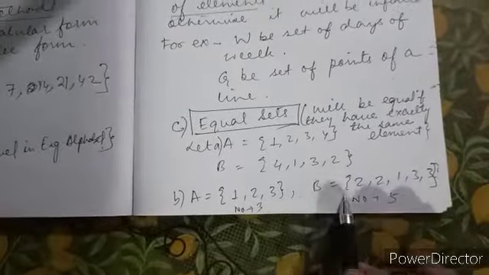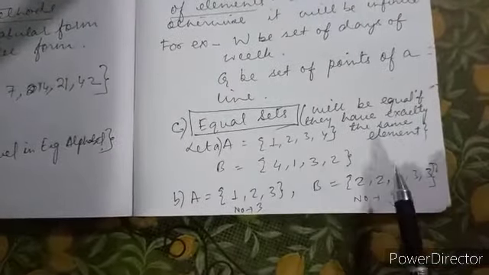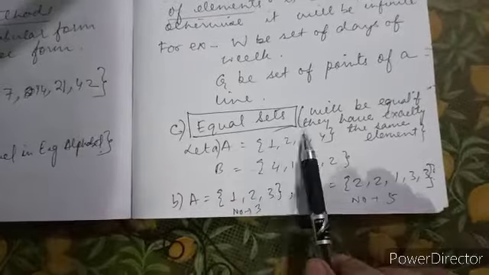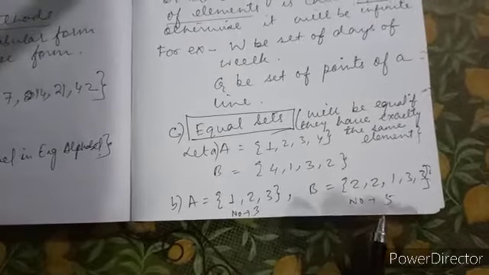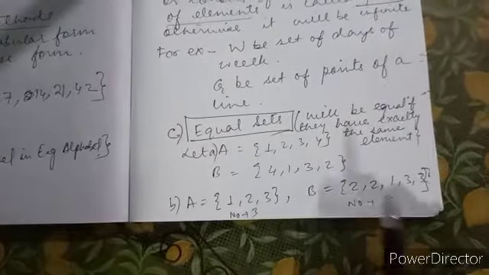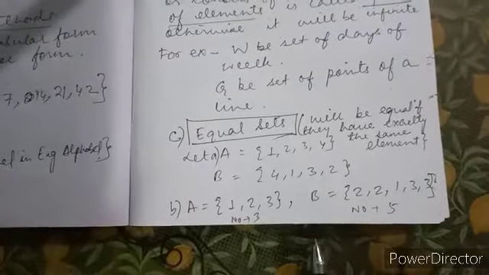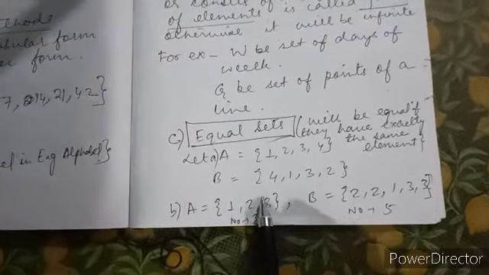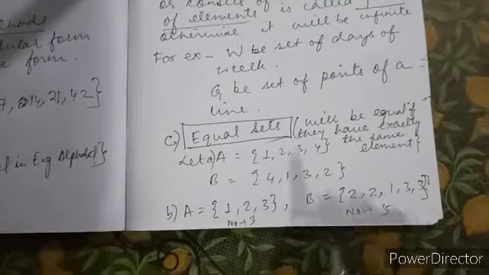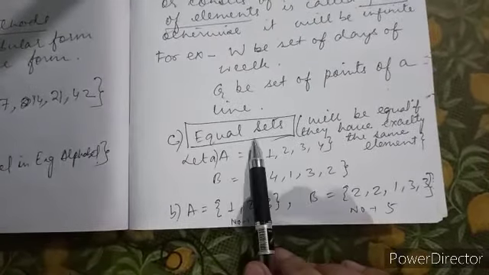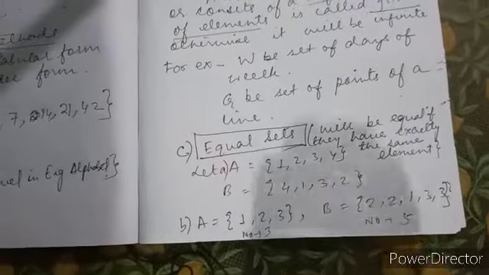So this type of set also falls under what? Equal sets. So in equal sets, you do not have to focus on how many elements are present inside the sets. You only have to focus that the values of the elements present inside the sets must be the same. So this is known as what? Equal sets.